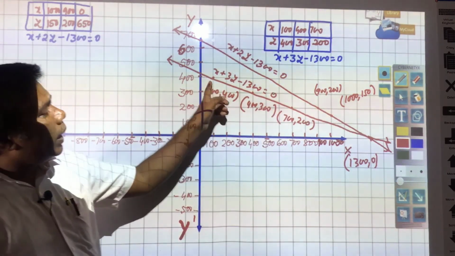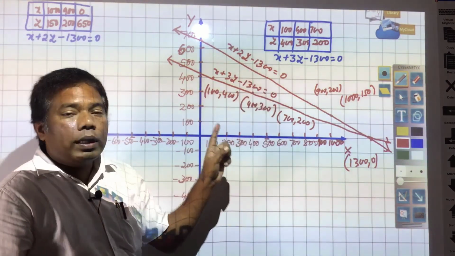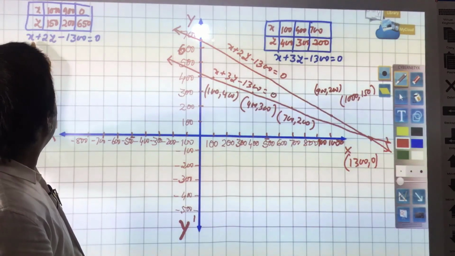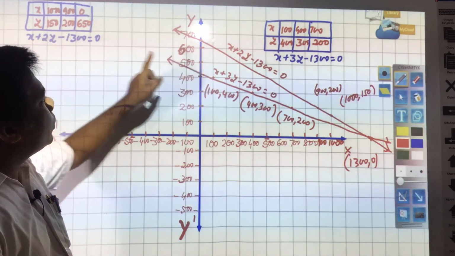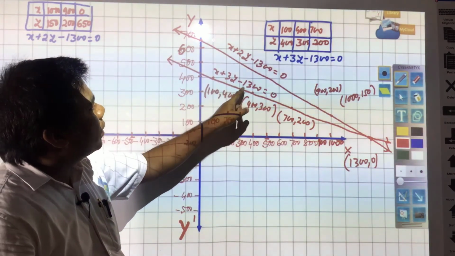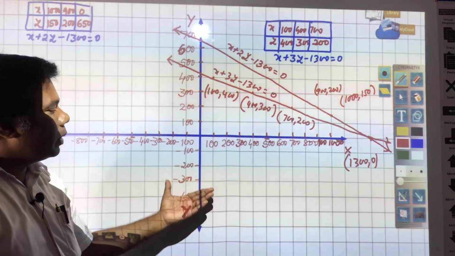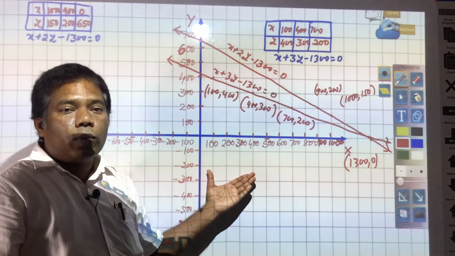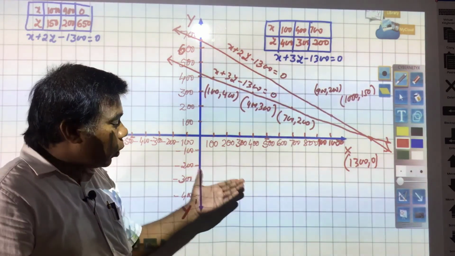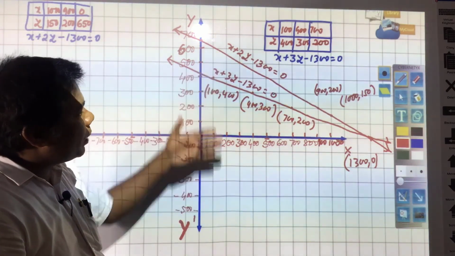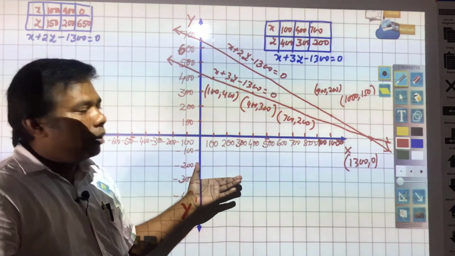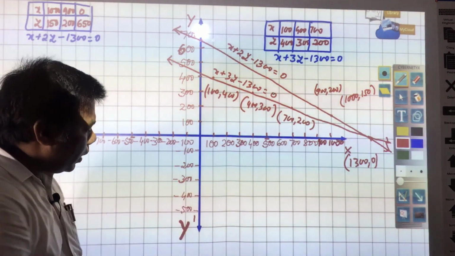So, these two lines you have drawn for the equations x plus 2y minus 1300 is equal to 0 and x plus 3y minus 1300 is equal to 0. Now graphically you have represented both the equations. What was asked in the question was to represent in a graph. So, in this way this is required to be solved.